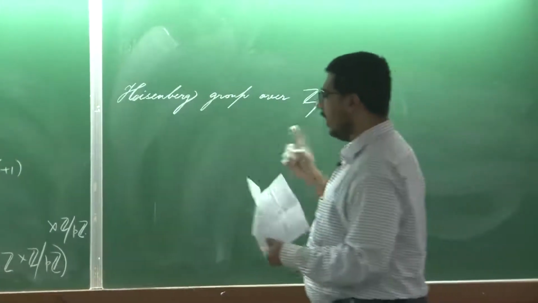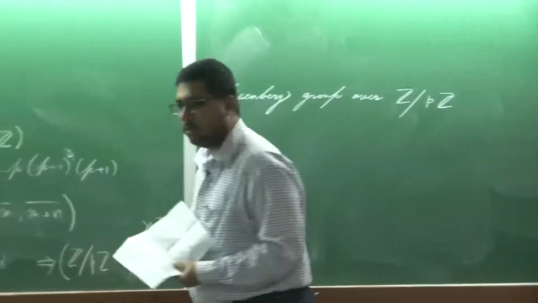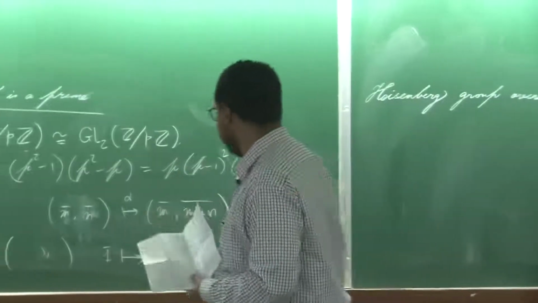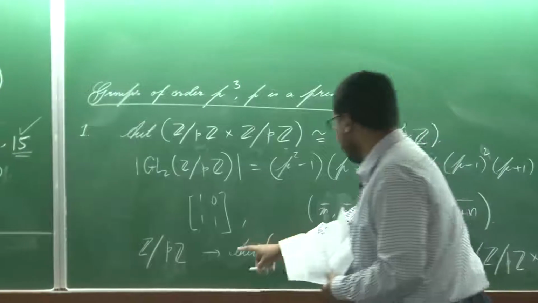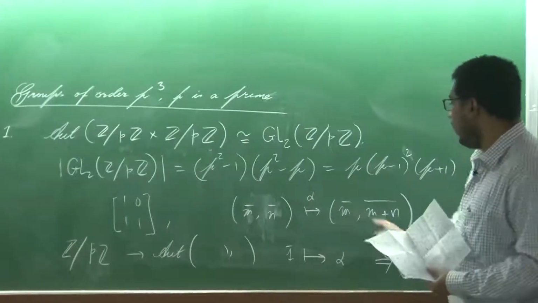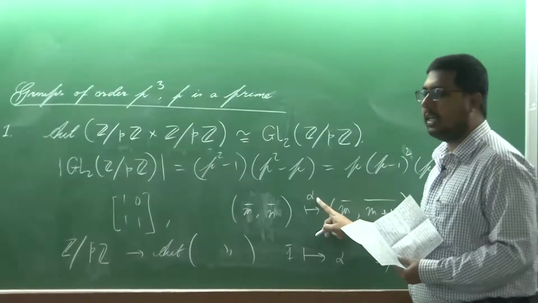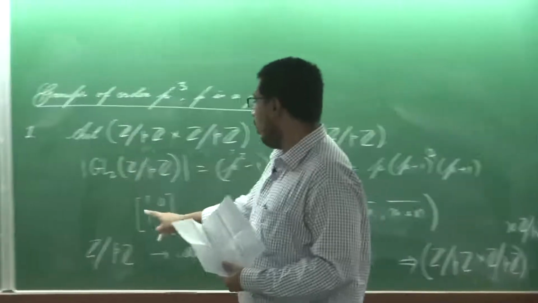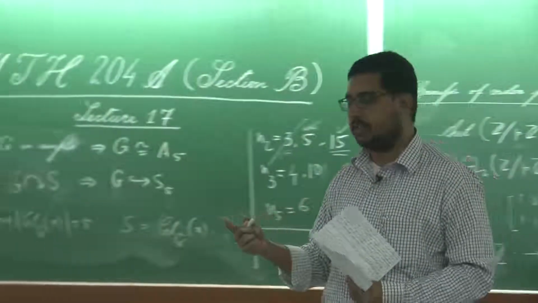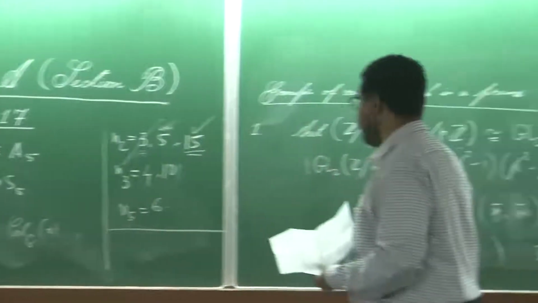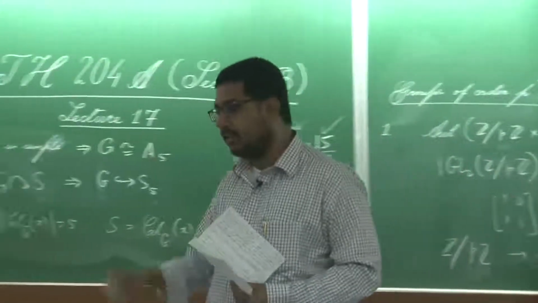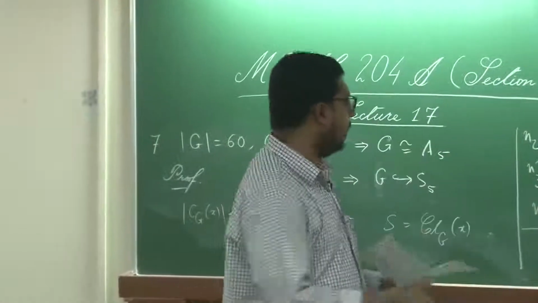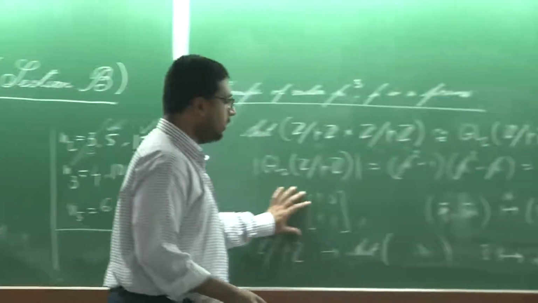When we say the group, we have to ensure some sort of uniqueness. Here you can see that this group has been constructed by first choosing an alpha, an automorphism coming from a matrix of order P. So you may say that there could be multiple such choices.